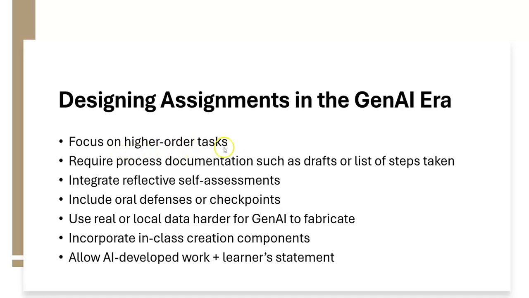One is that your assignments should focus on higher order tasks. So asking students to synthesize, to create, to produce something that isn't just rote memory or things that they could easily ask AI to do will make it less attractive for them to rely on those Gen AI tools.